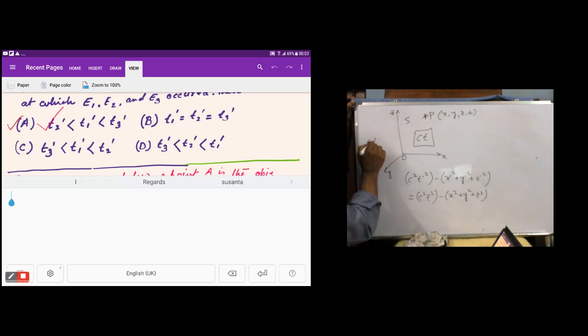Our CT also represents distance, because C is the velocity, which is distance by time, then multiplied by time, that gives me distance.